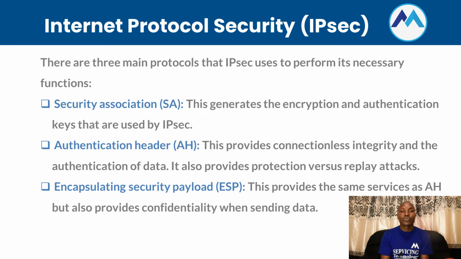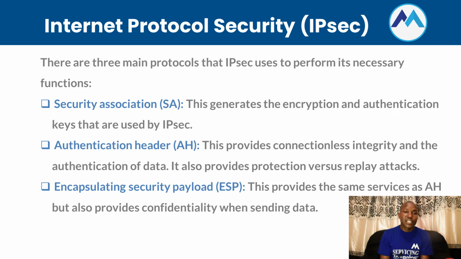Number two is Authentication Header, which provides connectionless integrity and authentication of data. It also provides protection versus replay attacks. Number three, Encapsulating Security Payload, which provides the same service as Authentication Header but also provides confidentiality when sending data.